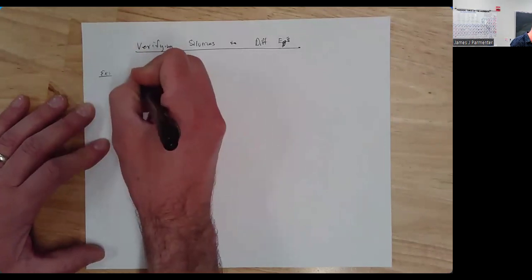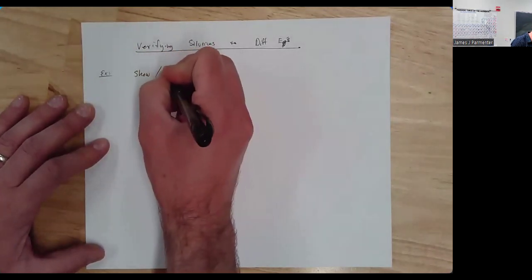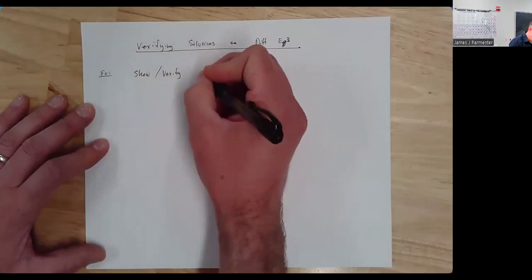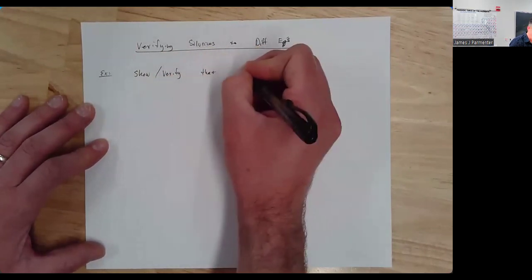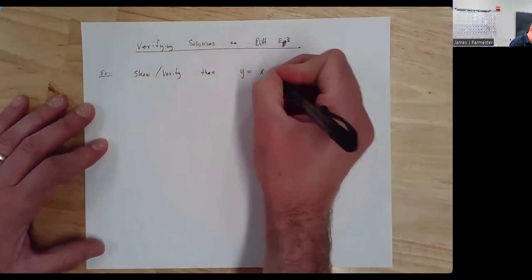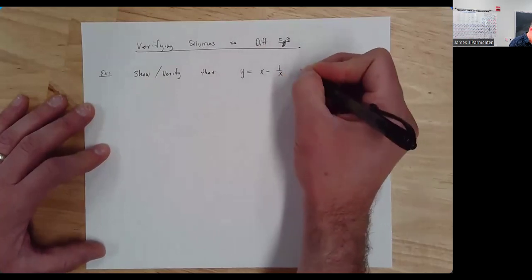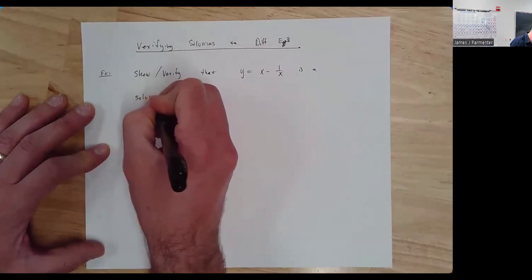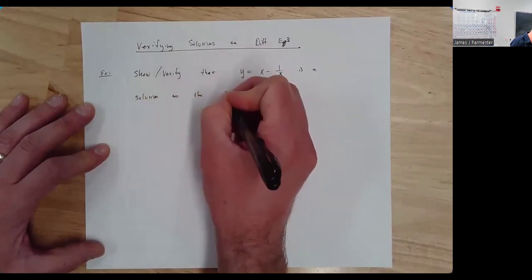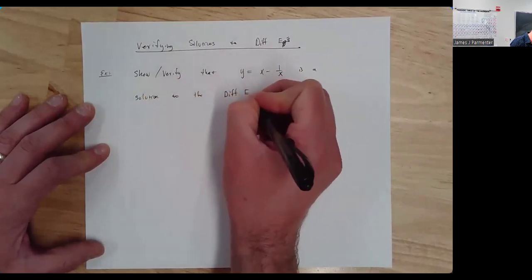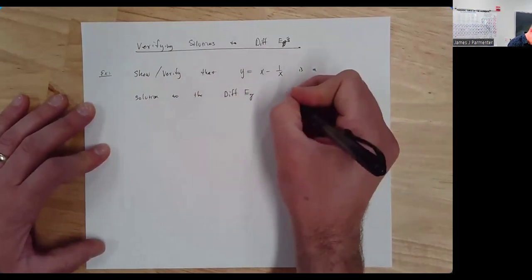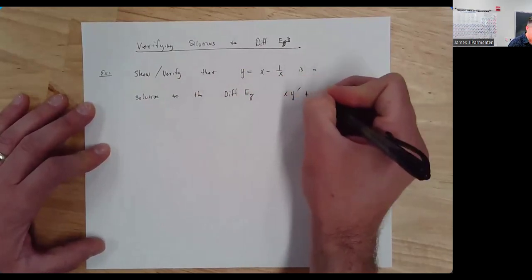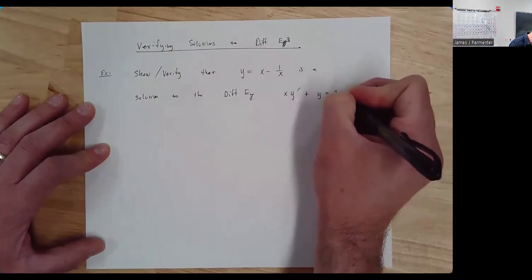We want to show or verify, whatever word you prefer, that y equal to x minus 1 over x is a solution to the differential equation x times y prime plus y equals 2x.